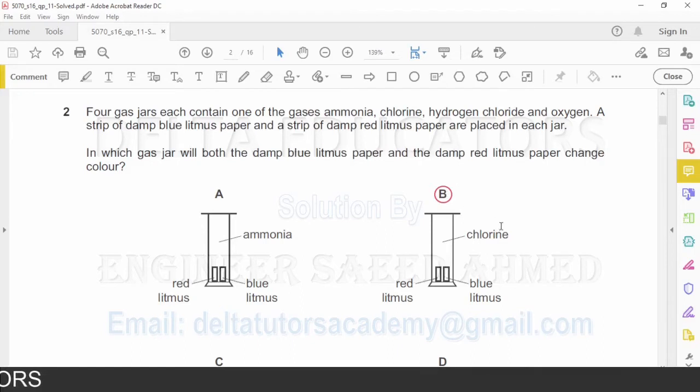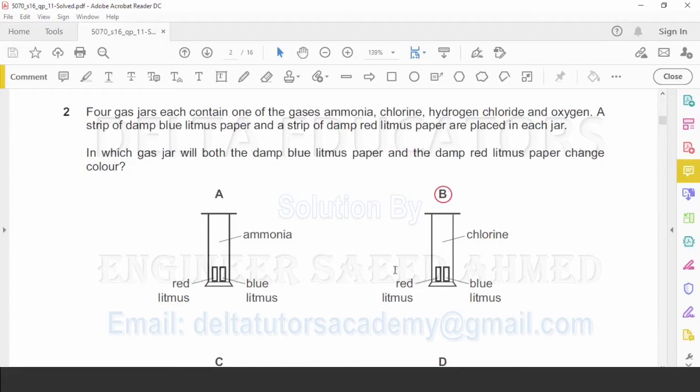In B we have chlorine. Chlorine is acidic in nature and acidic gases turn blue litmus paper to red. So here this blue litmus paper will be turned to red. But chlorine is also a bleaching agent. So after passage of time, this blue litmus paper and this red litmus paper will fade.